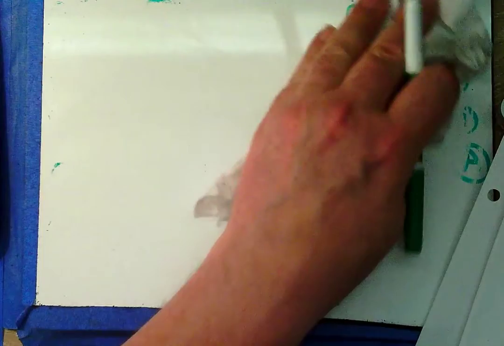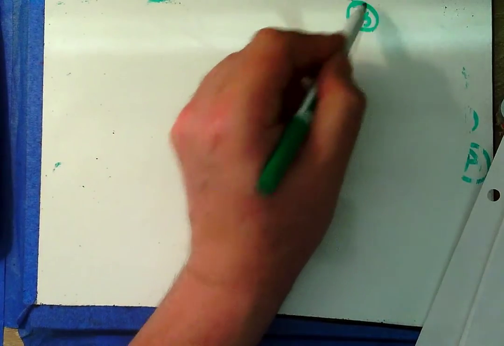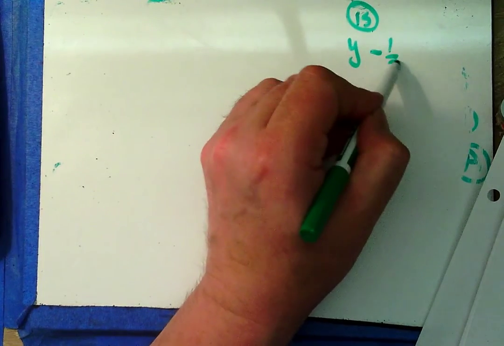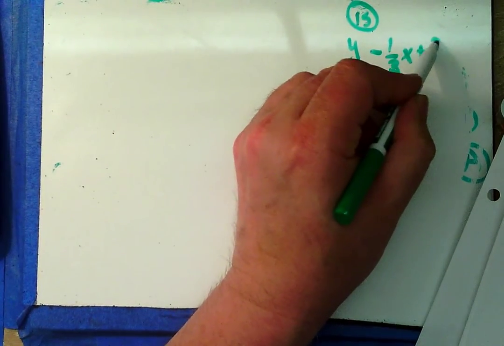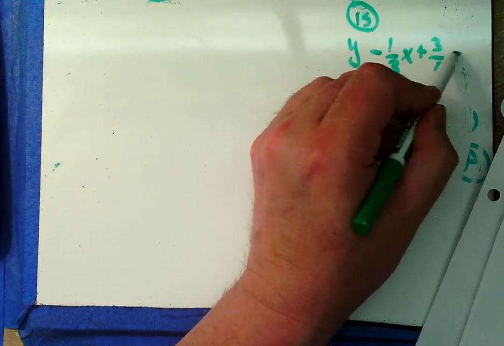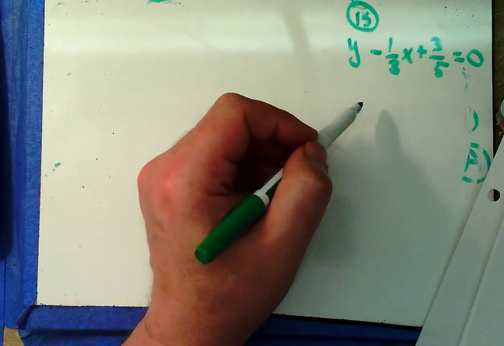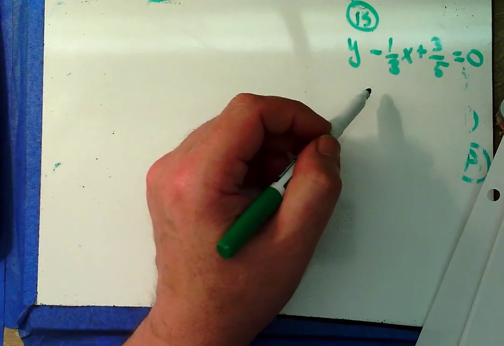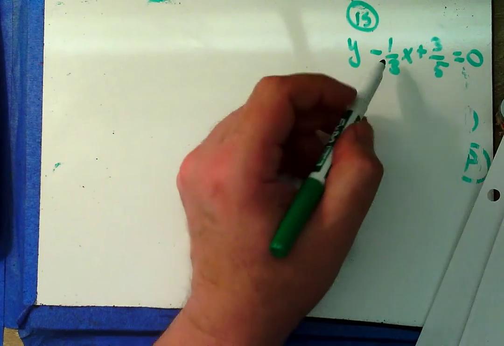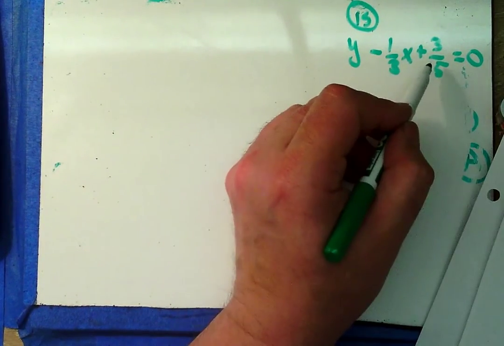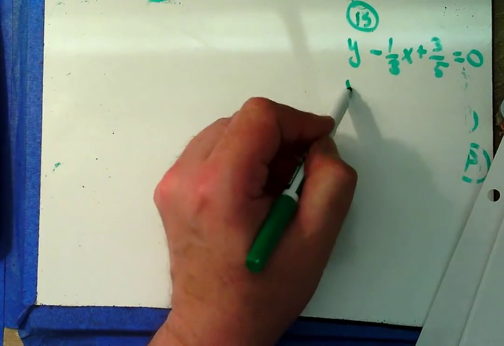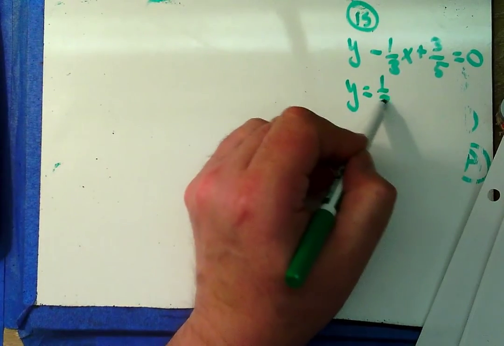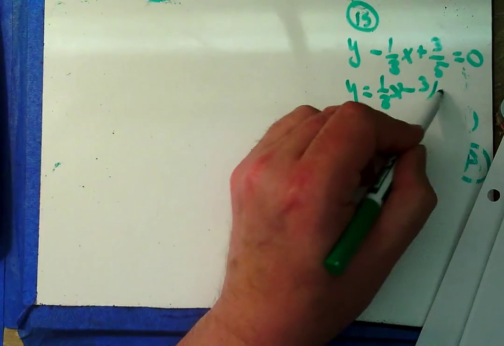The slope of the line is determined by this equation. Y minus 1/3 x plus 3/5 equals 0. Well, I know y equals mx plus b will tell me the slope of the line, so I'm going to add this to both sides and subtract this from both sides, so now it says y equals 1/3 x minus 3/5.